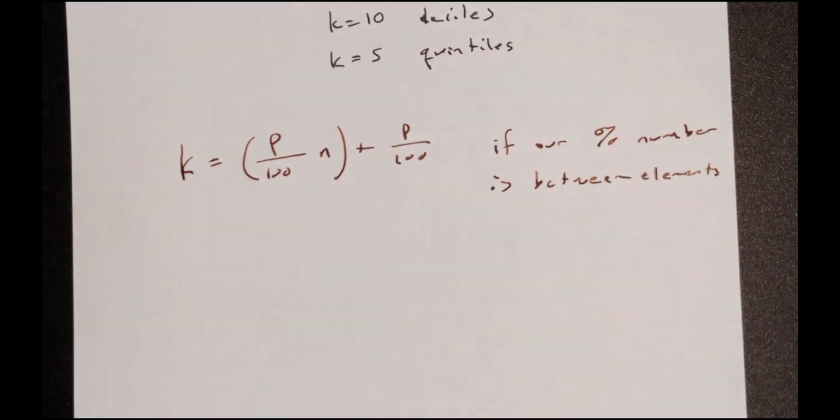If we only had like 9 numbers and I asked for the 30th percentile, what's 30% of 9? How do you get to the 2.7th spot?